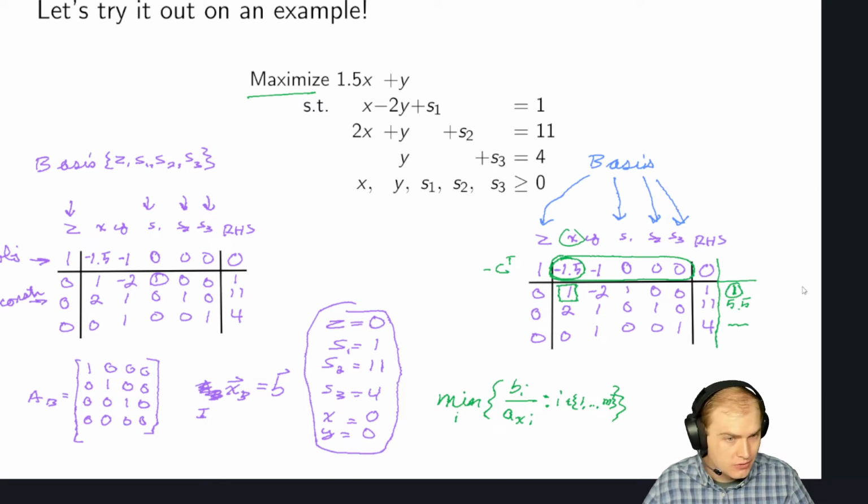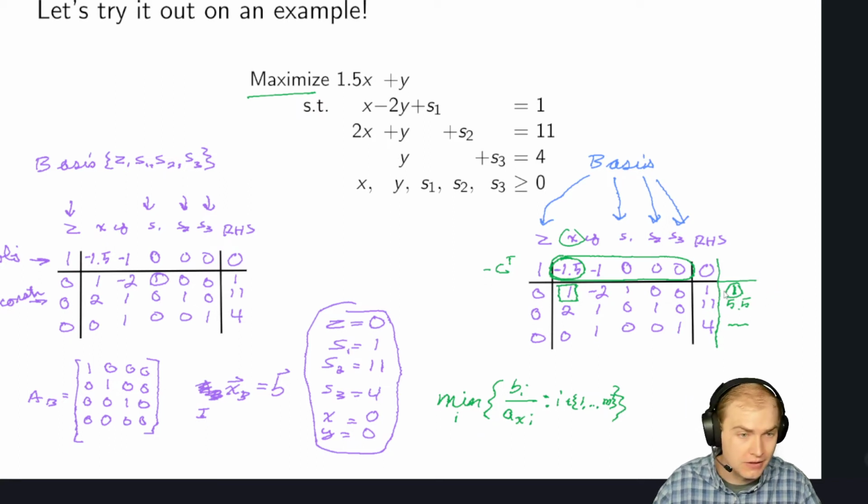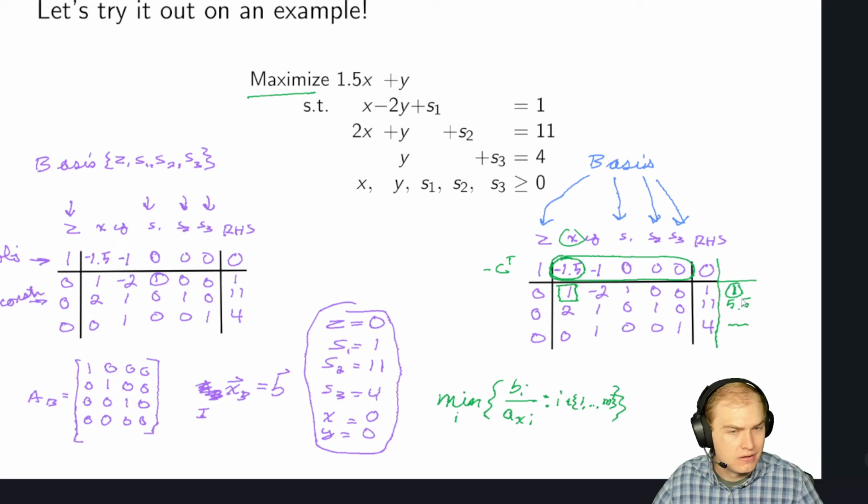This corresponds to how much we can actually increase x by. And in fact, this is going to end up being the value that x takes in our new basis.